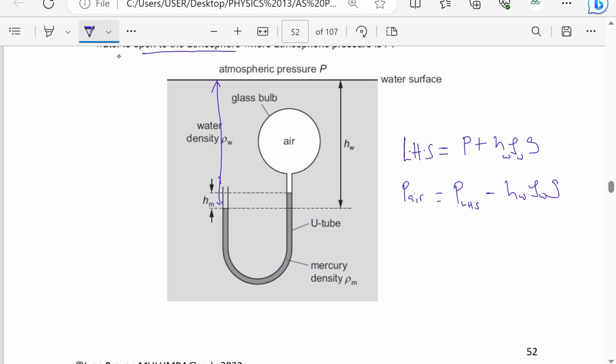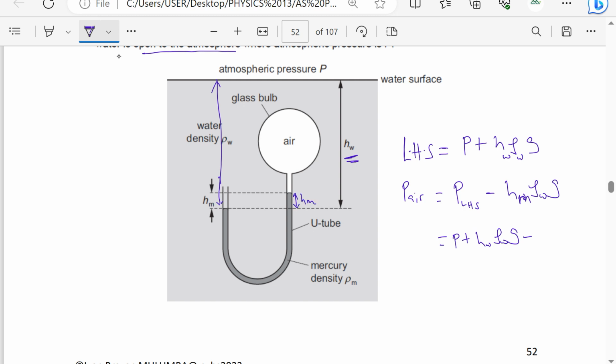Because the pressure on the left hand side is atmospheric pressure plus the pressure due to the water whose height is hW, this is going to give us P plus hW ρW g, then minus hM, because this height here is hM.